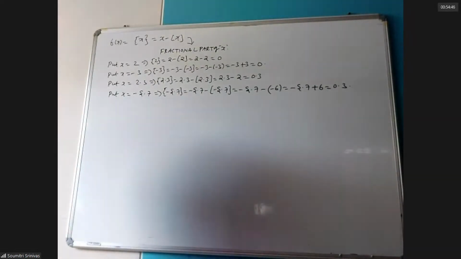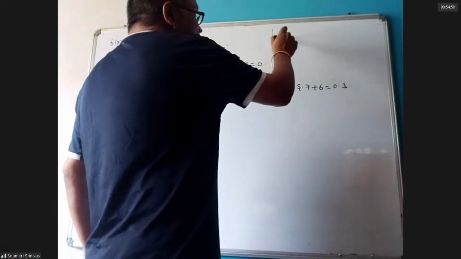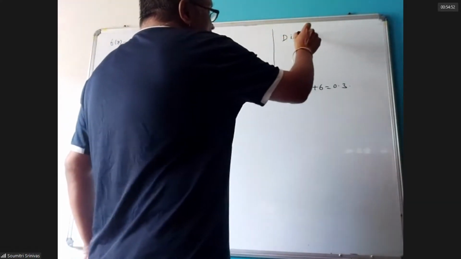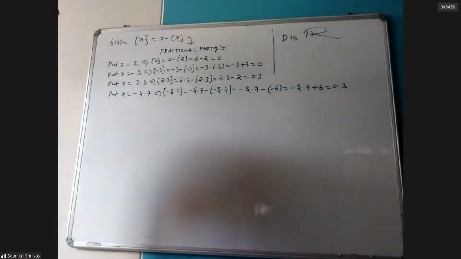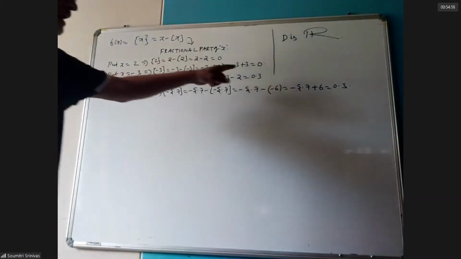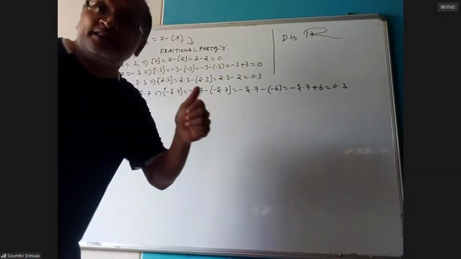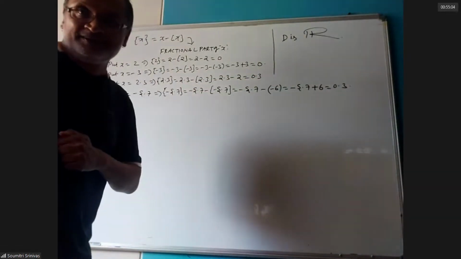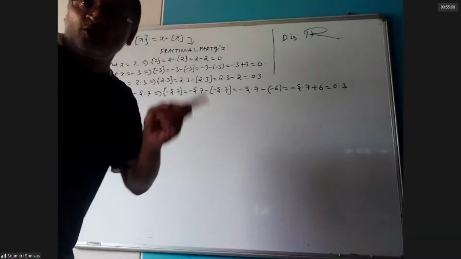Can you tell me what's the domain? What's the range? Domain is all real numbers. It accepts all real numbers. But the numbers it gives out, where are they lying? Between 0 and 1.